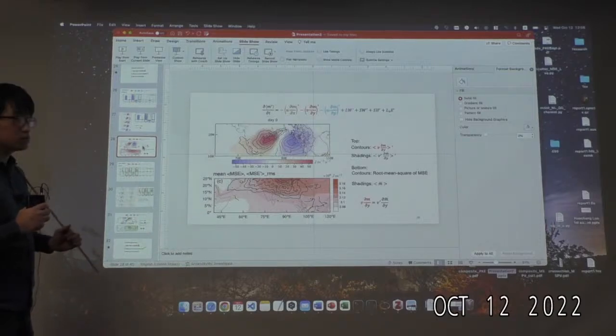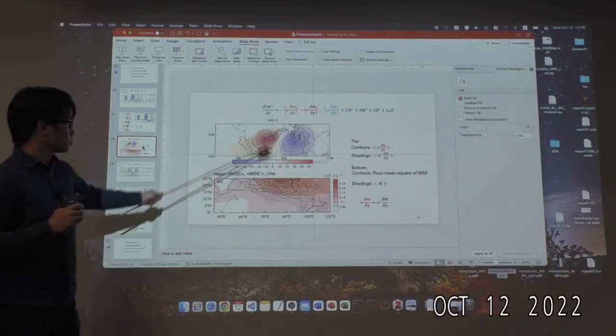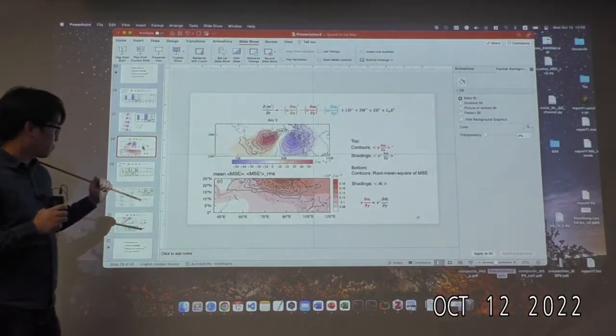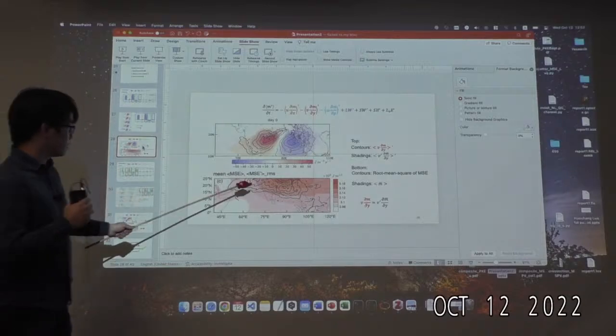Are you talking about the bottom plot? I think this one. No, not the lower panel. Oh, this one? The shading is the mean MSE.